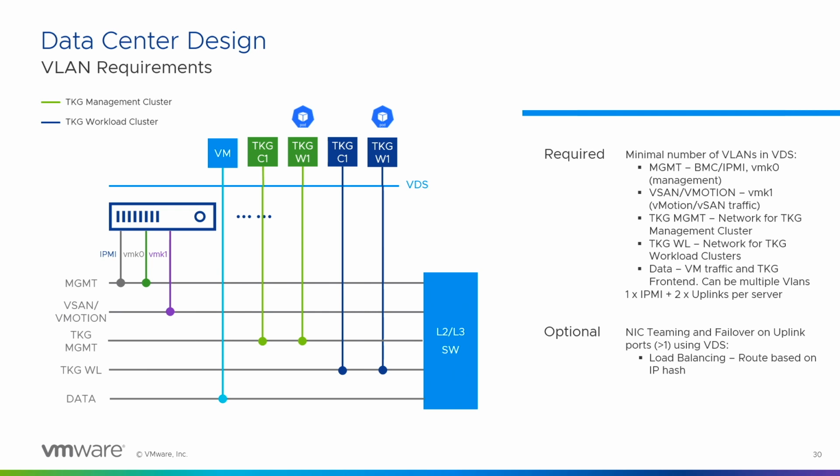And then at last, if you have other VMs, things like an inbound load balancer you have to deploy that you want to isolate from your Kubernetes networks, then you would want to put it on a separate network. I just call it data in this case, and it would just be VMs and other infrastructure that you want to deploy in that network, right? So this is the minimum you want to start with if you're deploying something from scratch.